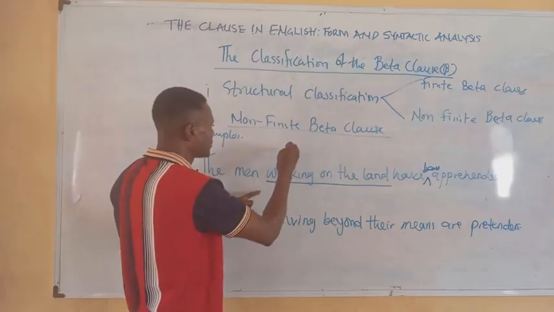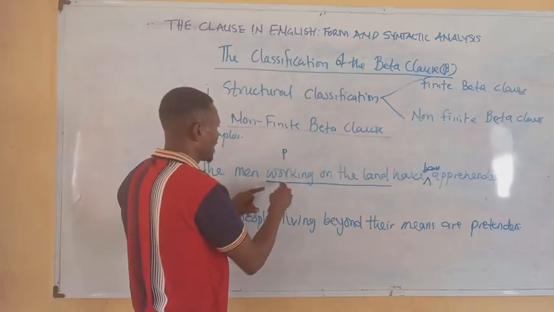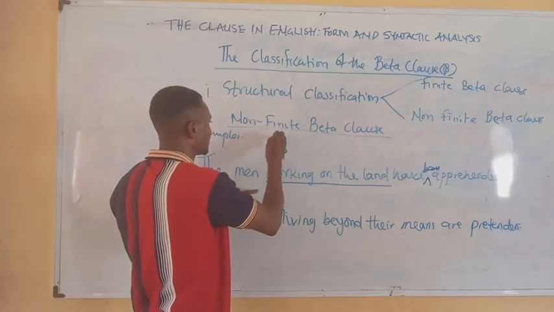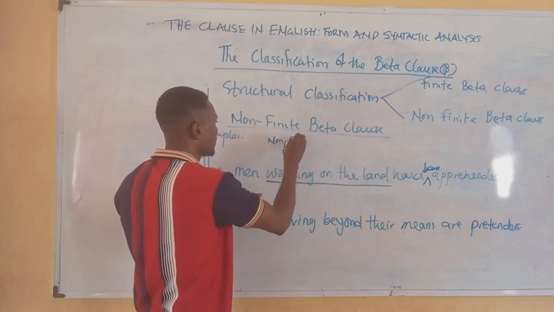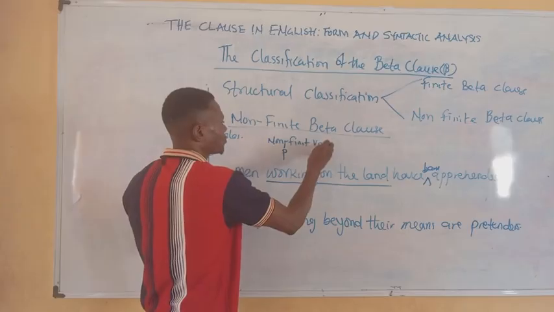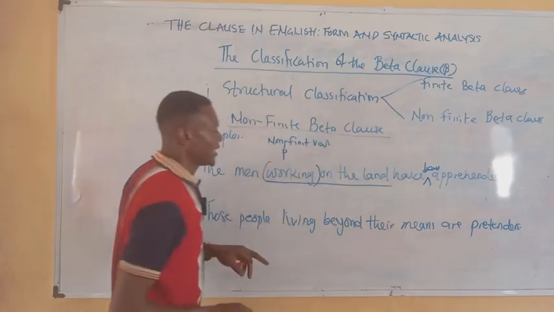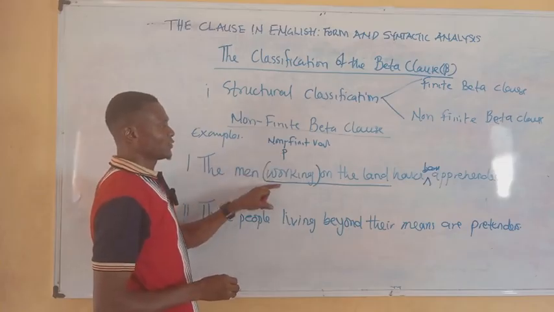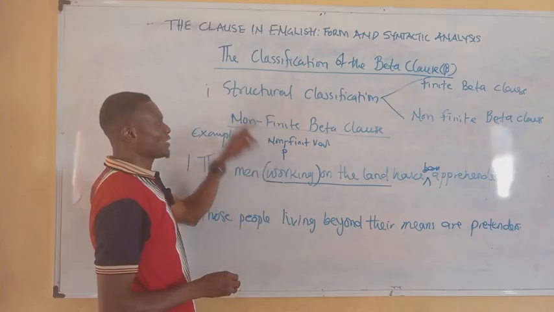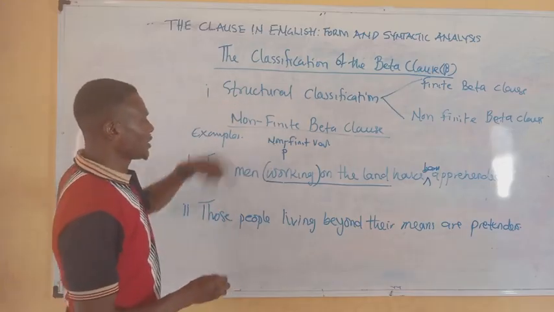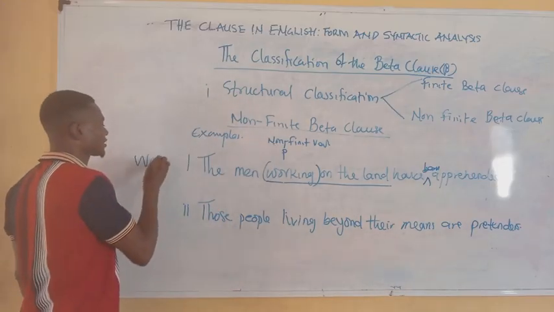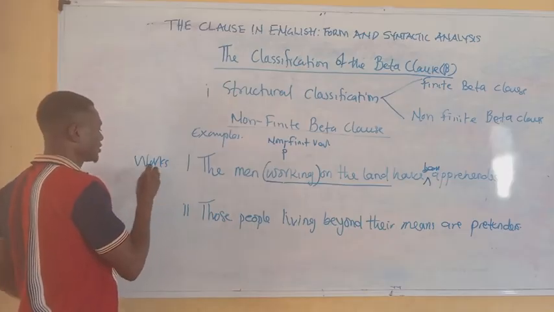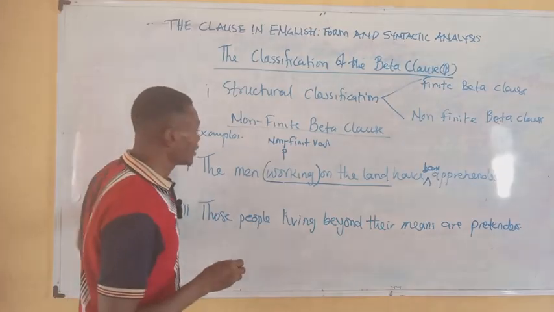The working here is the predicator. And what type of predicator is this? That is a non-finite verb. Unlike the finite, where we have either works or broke, the example I gave the other time.